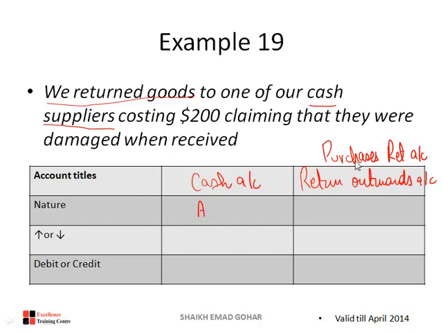Now see, purchases are my expenses, so what should purchase return be? They are also expenses, but this time expense is decreasing because I am very happy that the supplier is ready to accept those goods back. Getting it? And now I will get the cash or not? Yes. So asset increase, debit, and expense decrease, credit. Fine? Easy?